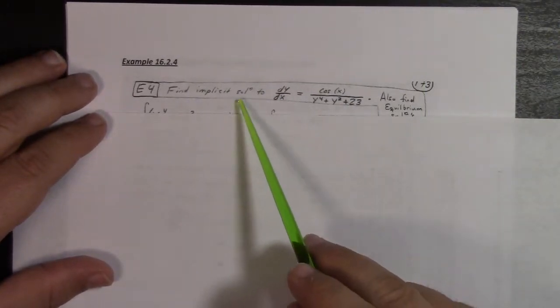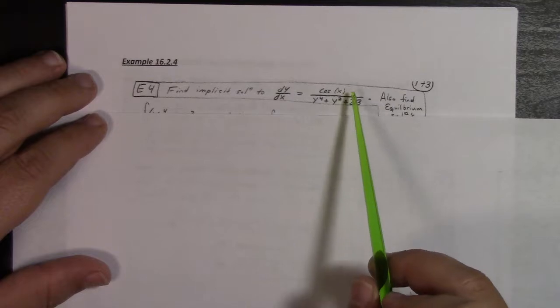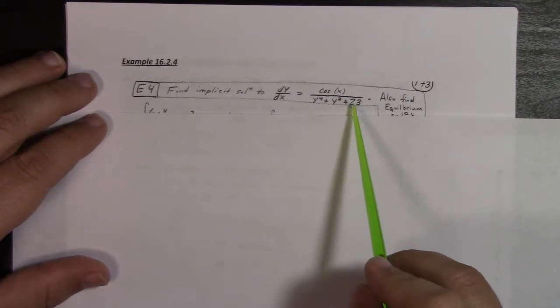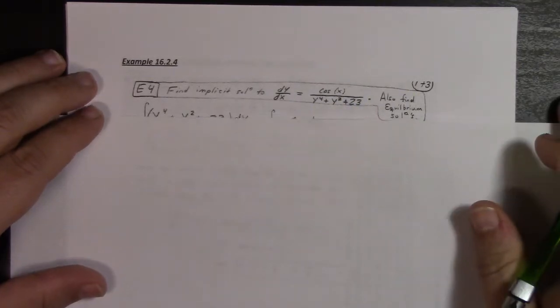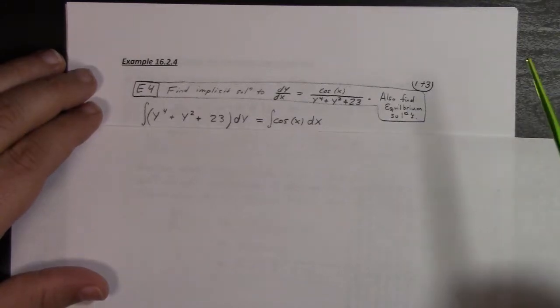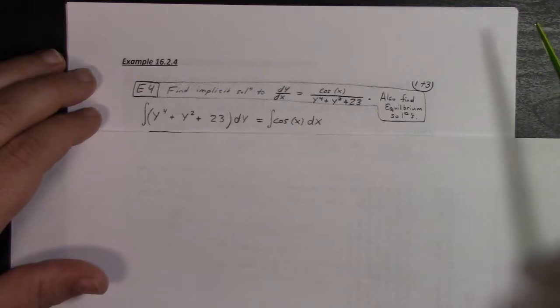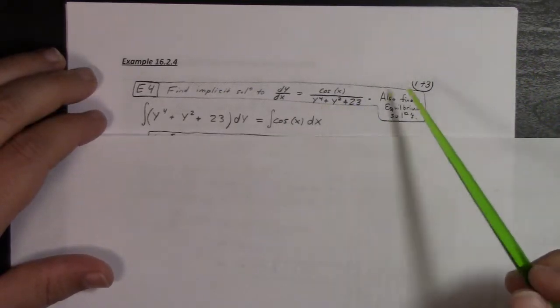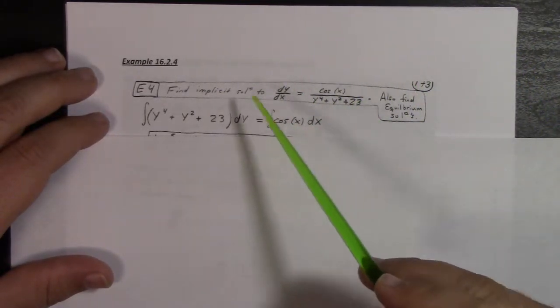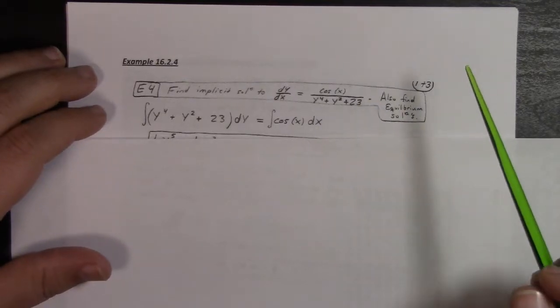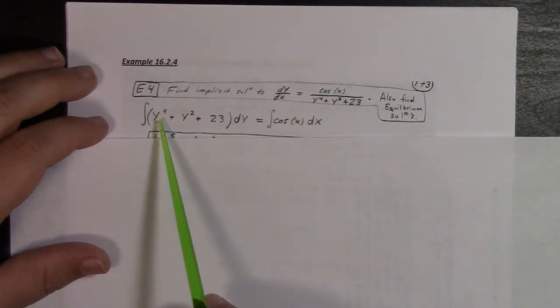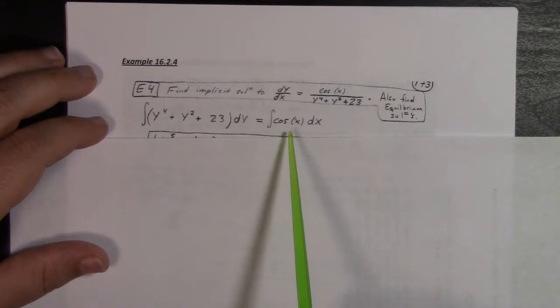Find an implicit solution to dy dx equals cosine of x over y to the 4th plus y squared plus 23. And I said also find the equilibrium solutions. All right. So let's see here. Integrate, separate, and integrate gives me this quartic in y integrated and cosine of x dx.